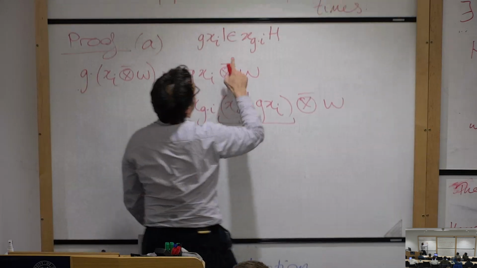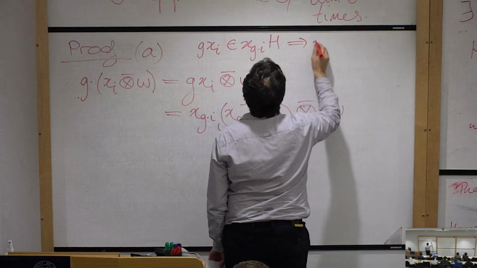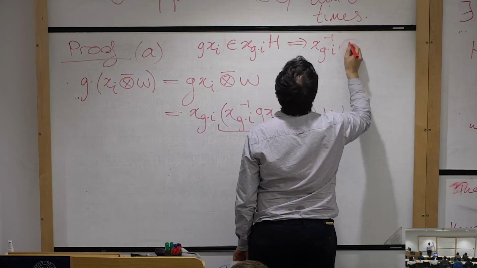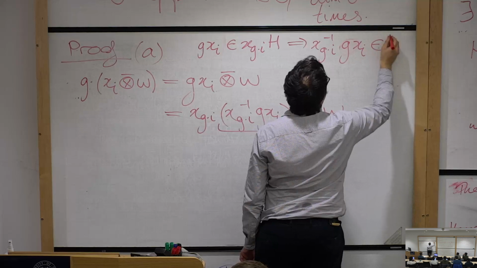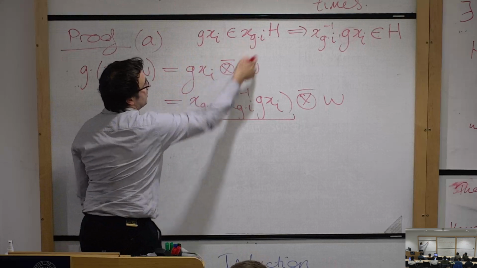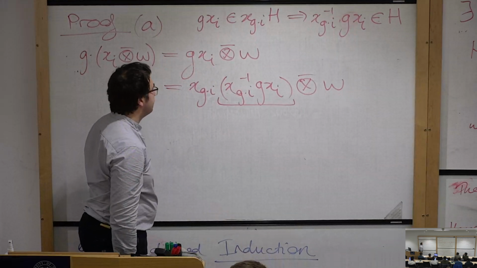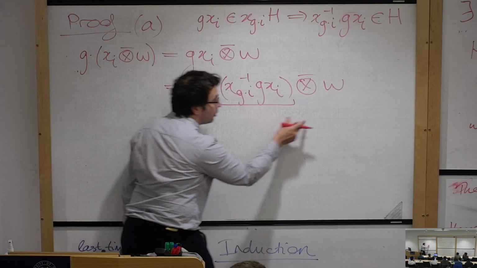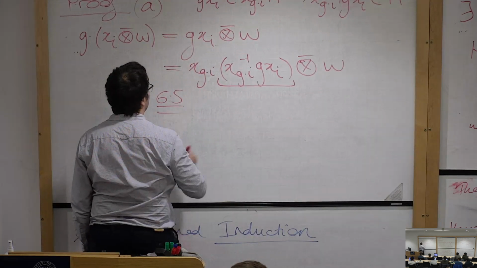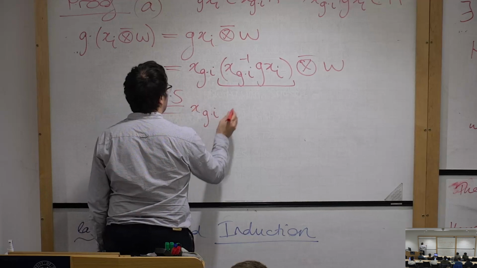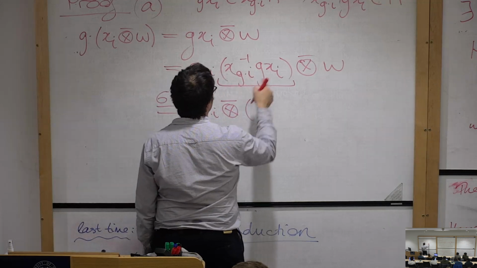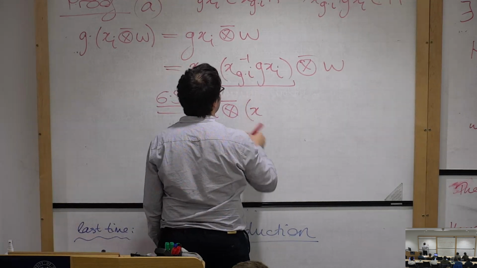Okay. If I move this to the left, I get something in H. And things in H, you can move past the tensor product. That's Lemma 6.5 last time. This is a complicated group element in H, depending on everything.